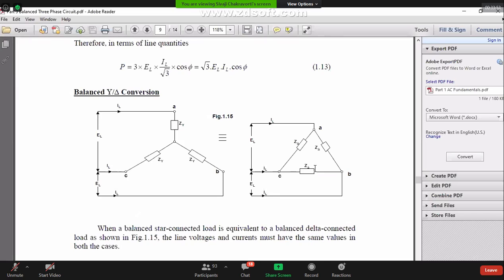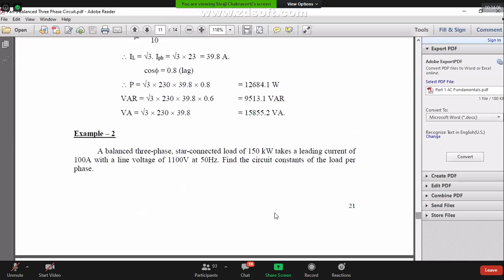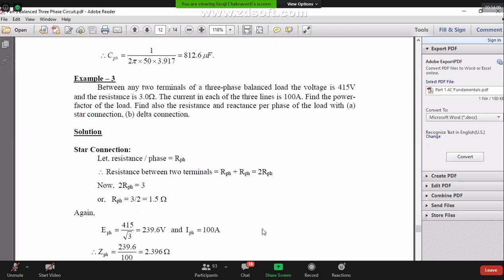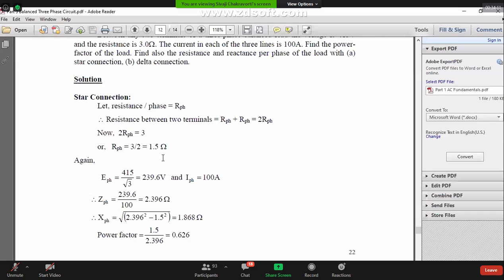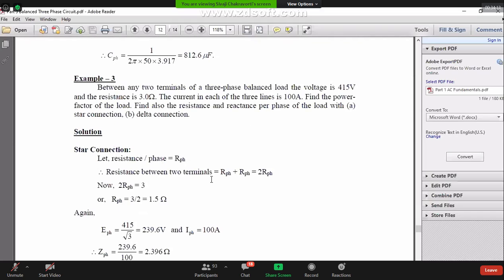If it is a delta, is it the same? That means if you look at the resistance between A and B, is it the same? No. Because here you see between A and B, even if the lines are not there, there is a parallel path. That means if this is R phase between A and B, there is another path here.